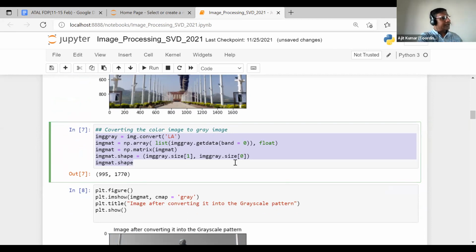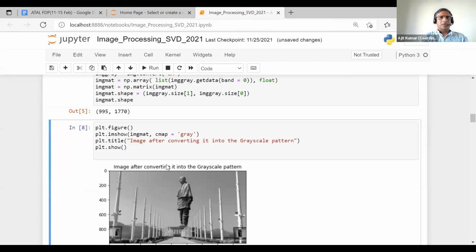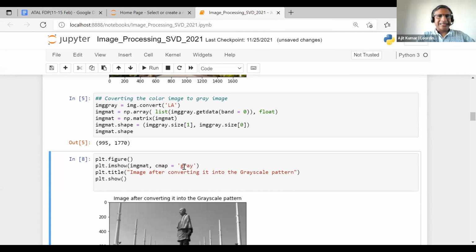One can do it for the color image also. One has to separate it into color channels, blue, green, and red, find the singular values of those and then combine. That can be done, but that will require more time. So we'll convert this into a grayscale image. So this is now converted into grayscale.